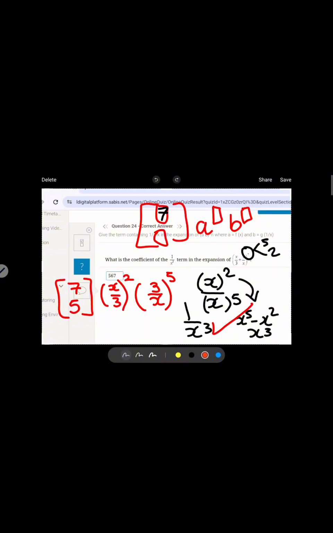Okay, now 7 combination 5, 1 over 3 to the power of 2. This is how you put it on the calculator. Here you put 1 because you don't have an x. Because if you just put 3, it's gonna be completely wrong. Here you just put 3 to the power of 5. You will get 567 after you put it in the calculator.